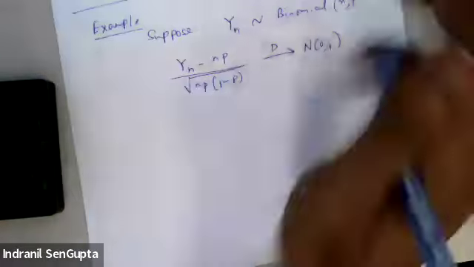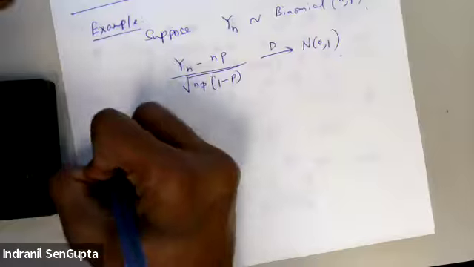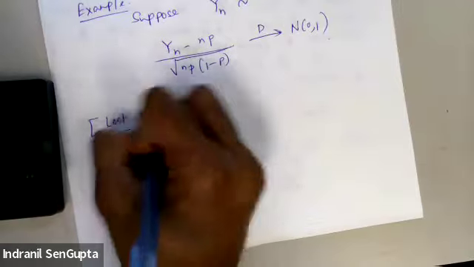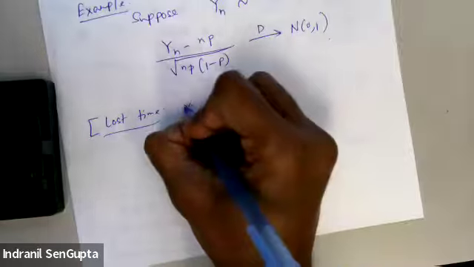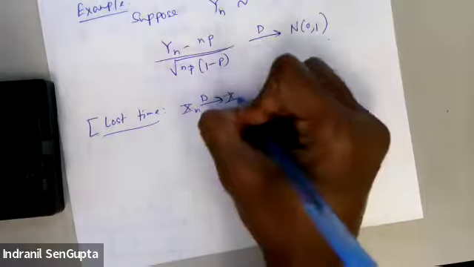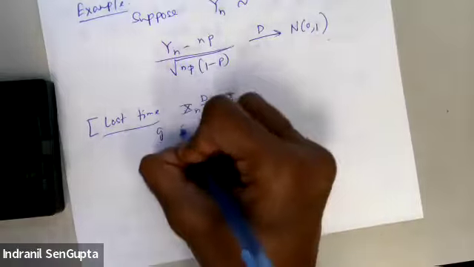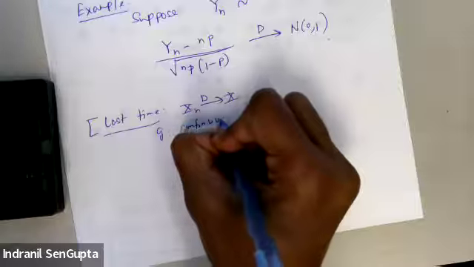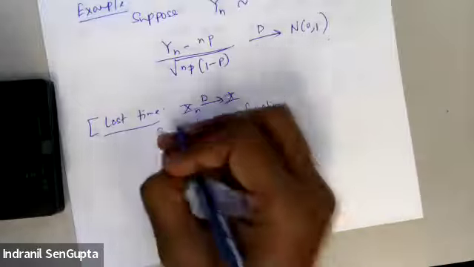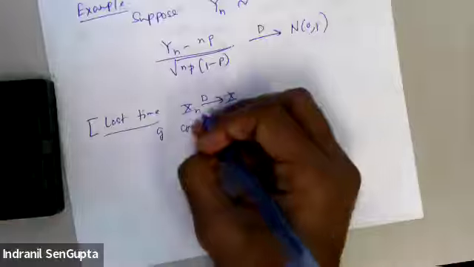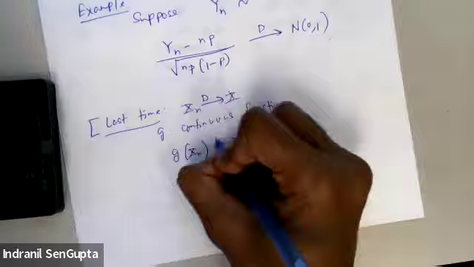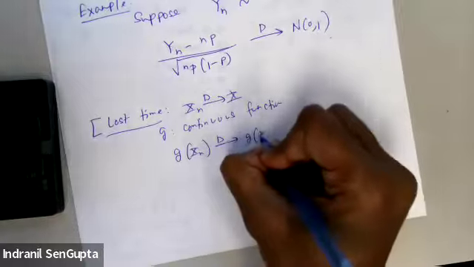Also remember that we have observed this one. Last time we proved this. Let me just write it. We have seen that suppose X_n is a sequence that converges to X in distribution, and g is a continuous function on the support of X, then g of X_n is also converging to g of X in distribution.